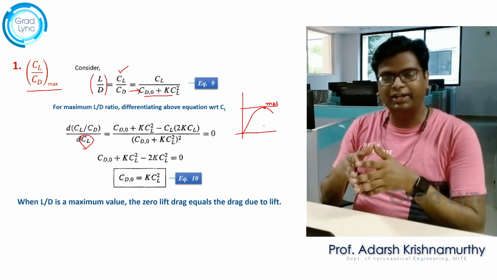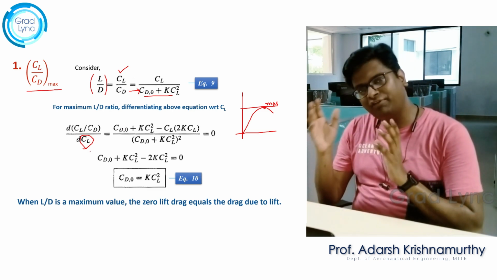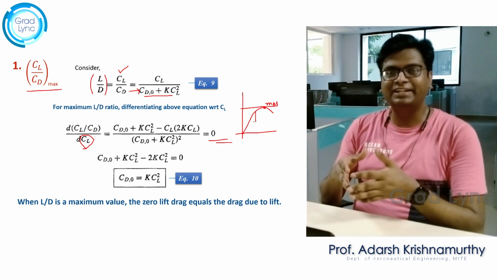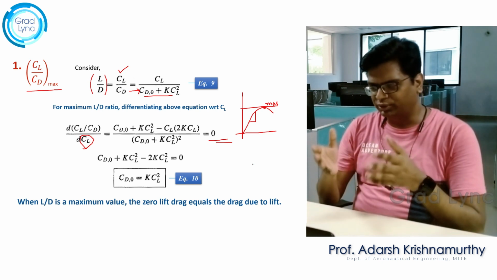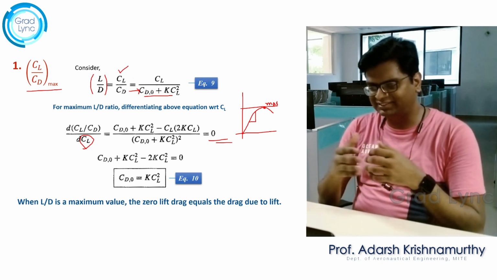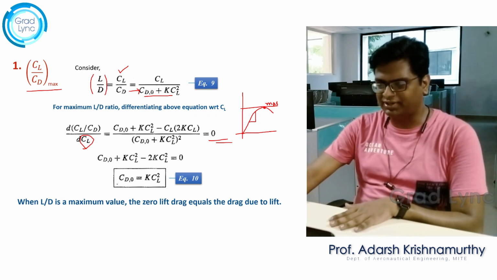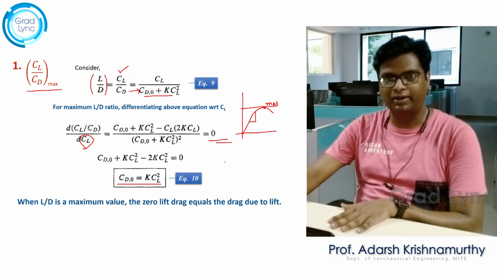Right, so I am differentiating the ratio CL by CD with respect to coefficient of lift and I equate it to 0 to get the condition where CL by CD is maximum. Understood? So if I substitute the values and simplify, I get the condition as the parasite drag is equal to the lift dependent drag coefficient. Right? KCL square is the lift dependent drag coefficient and CD naught is the parasite drag coefficient.